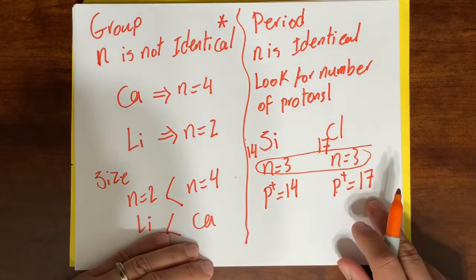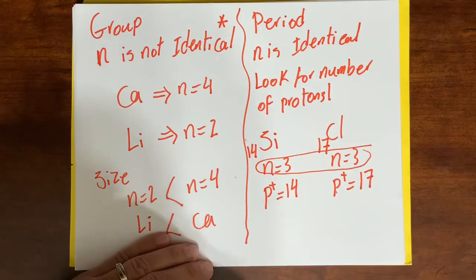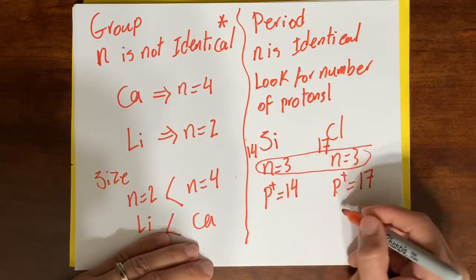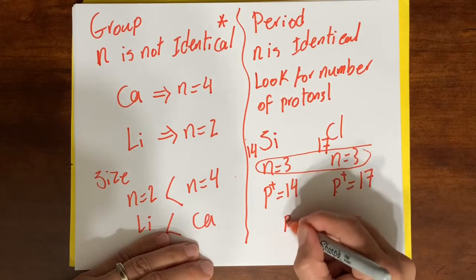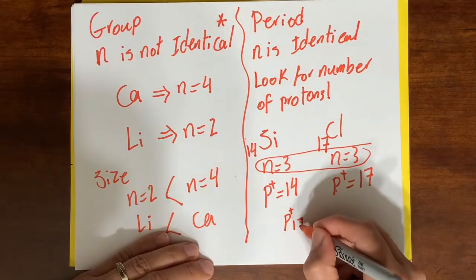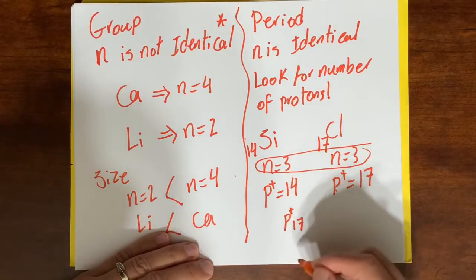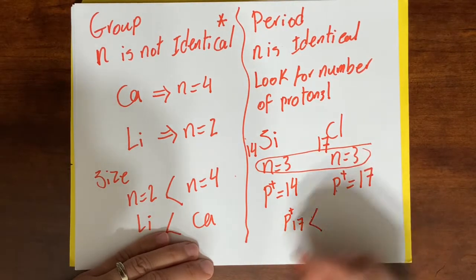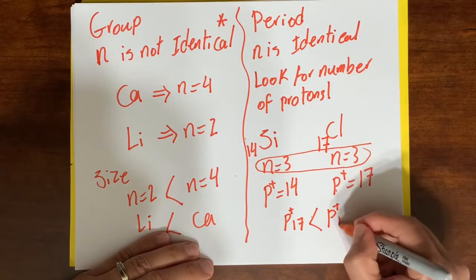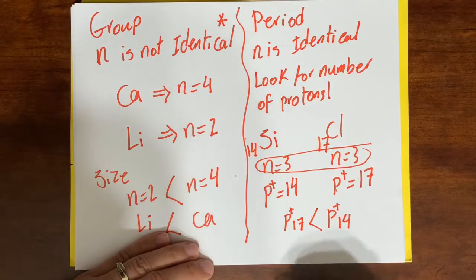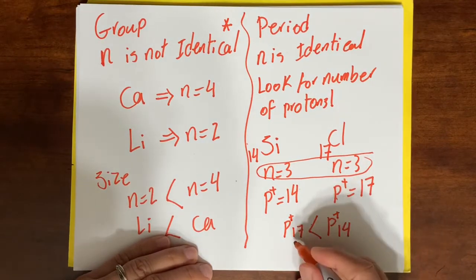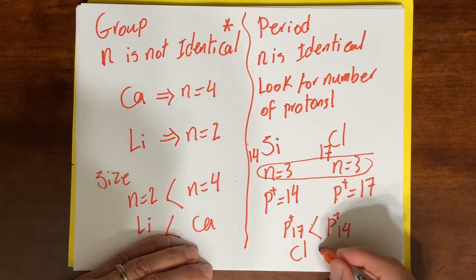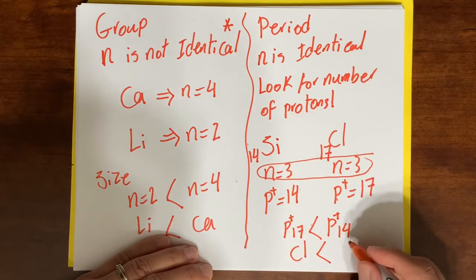The one that has more protons will apply higher force and it will be smaller. So in this case, protons equal 17. This one will be smaller than the one that has fewer protons. So chlorine will be smaller than silicon.